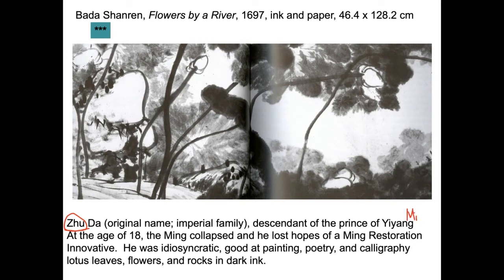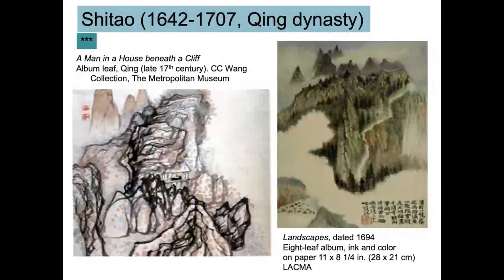And he saw the fall of the Ming Dynasty during his lifetime, when he was 18 years old. His hope of restoring Ming was shattered. It didn't work that way. So he got so afraid, he left Beijing, wandered around the southern part, and lived like a monk.